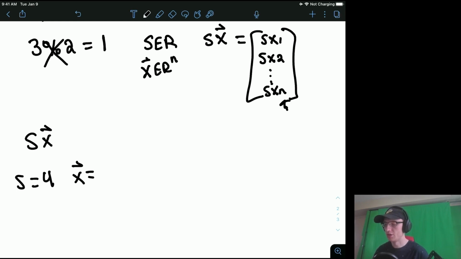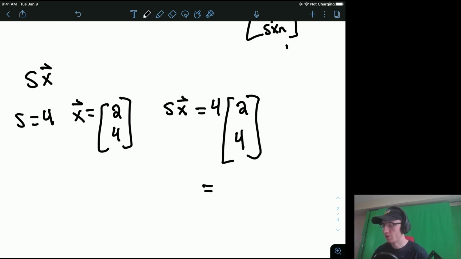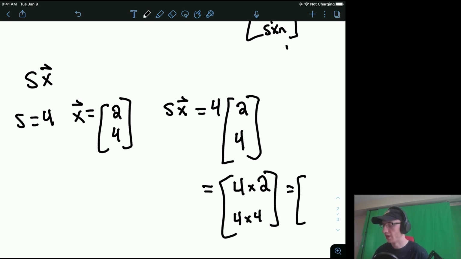There's 2 components in the vector. If we had x equal to 2 and then 4, well, we could do sx, which is equal to, replace that with 4, replace that with 2 and 4, and then that goes into each component. So that goes 4 times 2, I'll write it like this, we'll see why later, 4 times 2, and then 4 times 4, which is just 8 and then 16.